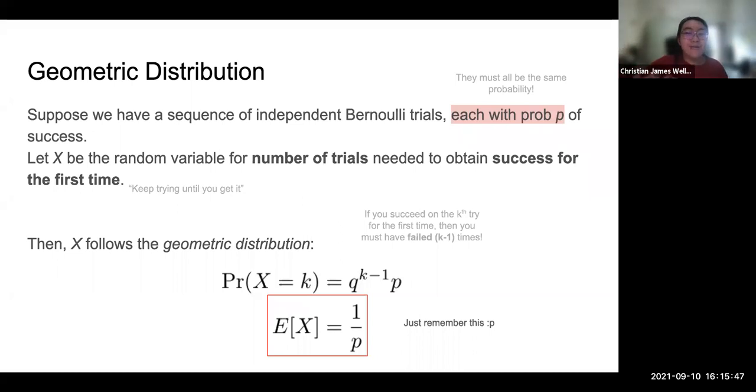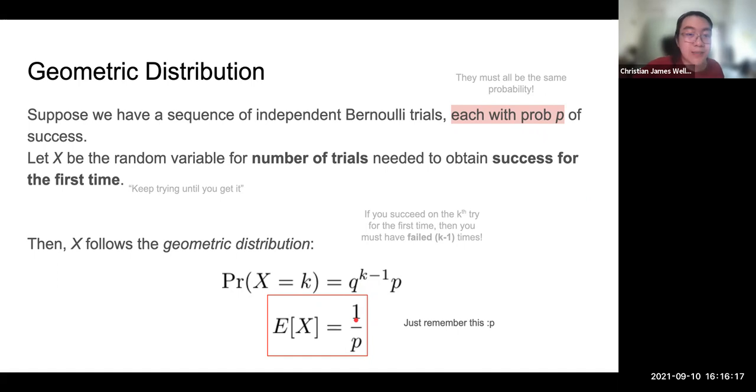Out of 6 rolls, you probably expect only the final one to come up 5, maybe the 6th one if you are pessimistic. So intuition wise, that is how I like to think about it. It might not make sense to some people, but either way, just remember this. I don't think it's that hard to remember that it's 1 over P.